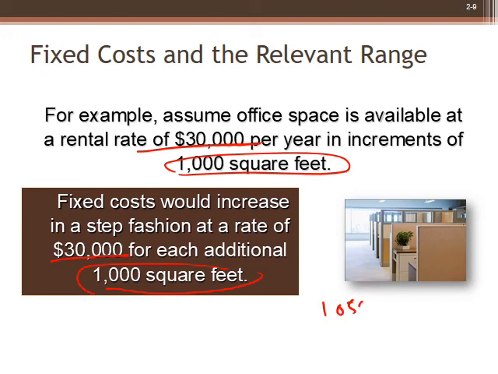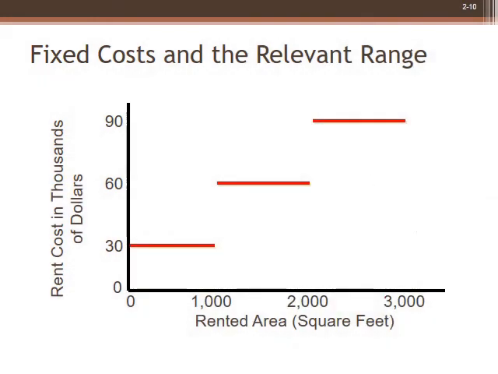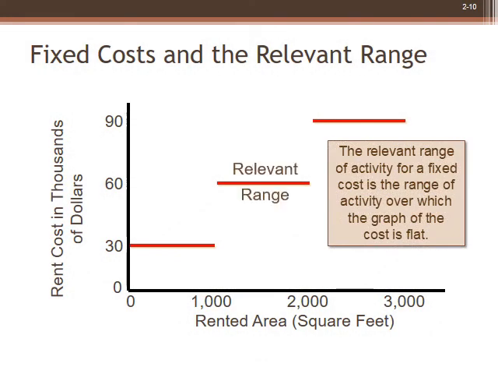If the company requires 1,050, it means they have to acquire 2,000 square feet because office space is available in increments of 1,000 square feet. So here, the relevant range of activity for a fixed cost is the range of activity over which the graph of the cost is flat. If a company needs more space, then they have to pay more, and for every 1,000 square feet they have to pay 30,000.